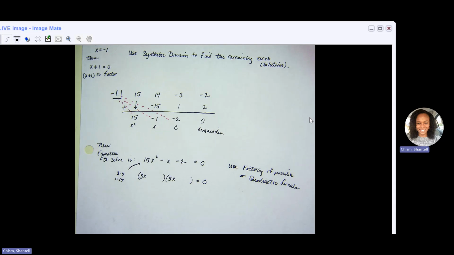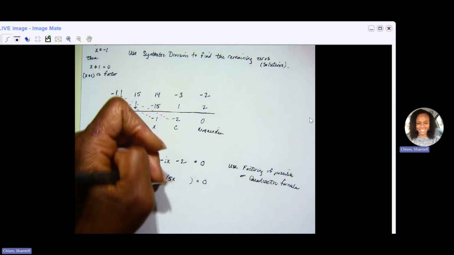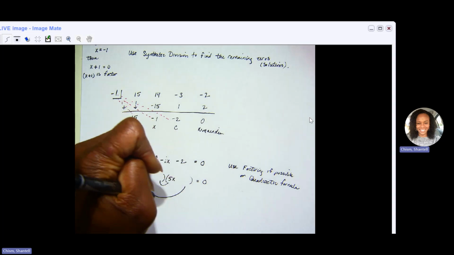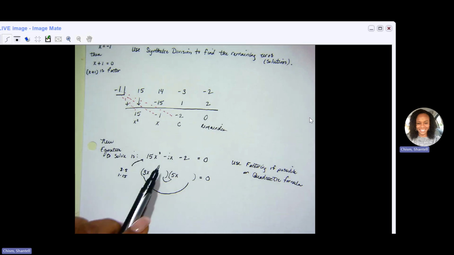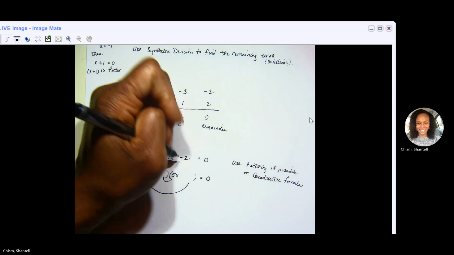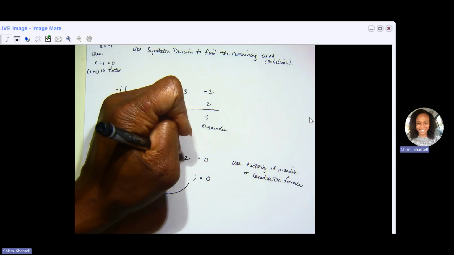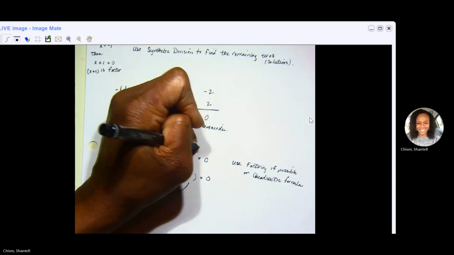Now, here's the thing, though. Your middle term here is a -1. So your inner and outer terms have to be in the right position so that you get -1 when you add or subtract the inner and outer terms. The only way to factor 2 is 2 times 1.